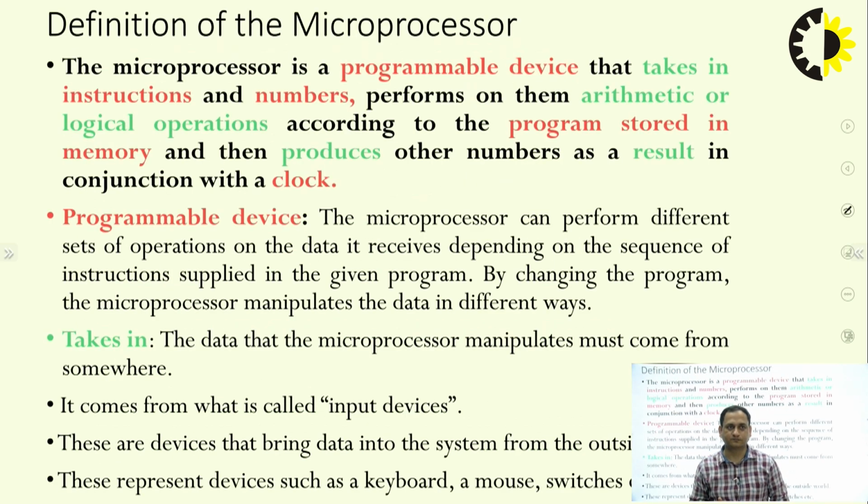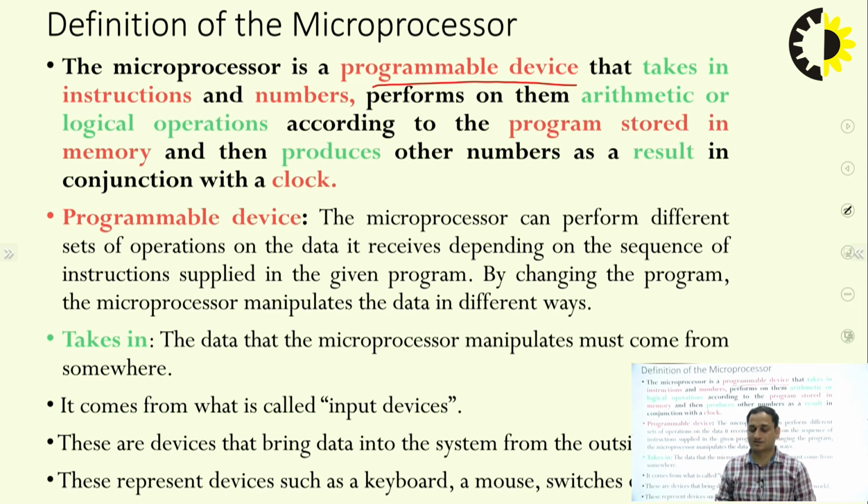By definition, we must be clear that the microprocessor is a programmable device that takes in instructions and numbers from the outside world and performs arithmetic and logical operations on them.